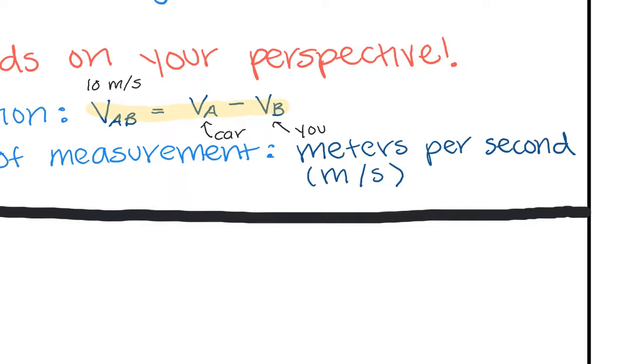So this is what is going to be our VAB. This is our relative velocity according to VB. So our frame of reference is VB.